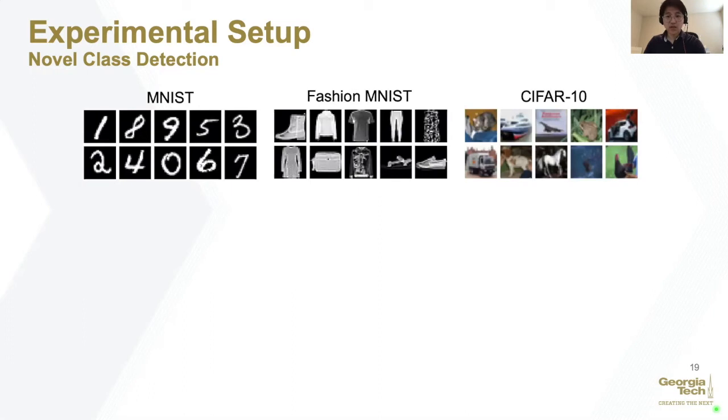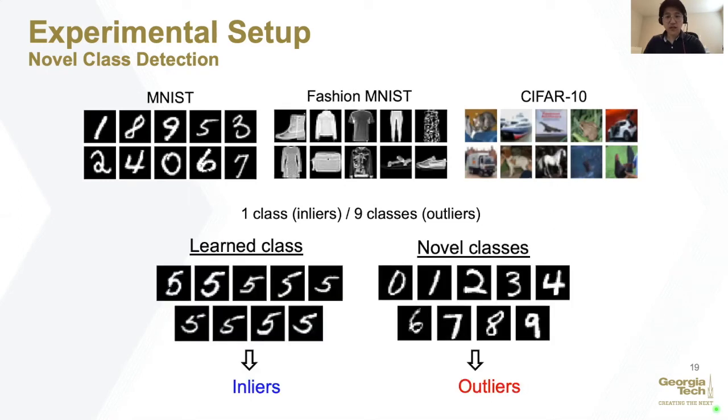All three datasets have 10 classes, and in each experiment, we consider samples from one class as inliers and samples from the remaining 9 classes as outliers. For instance, if we train our VAE using digit 5, images of digit 5 are considered as inliers, while other digits are considered as outliers. The test set consists of the same number of inliers and outliers.